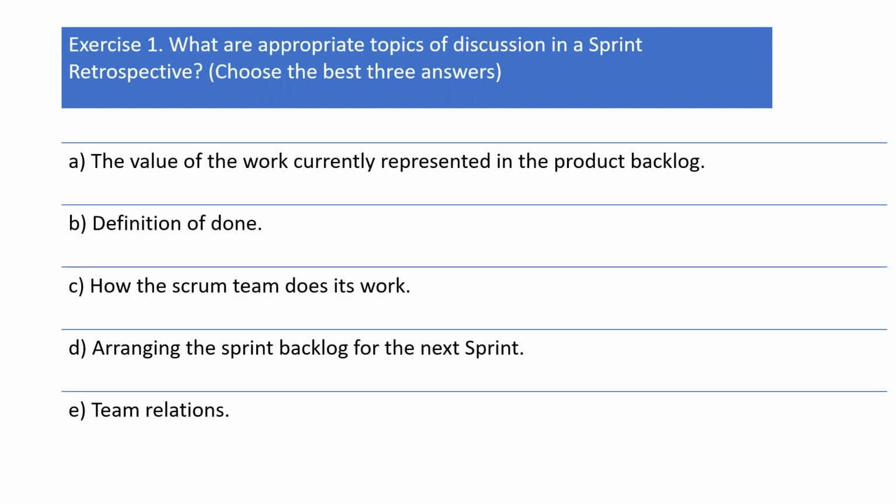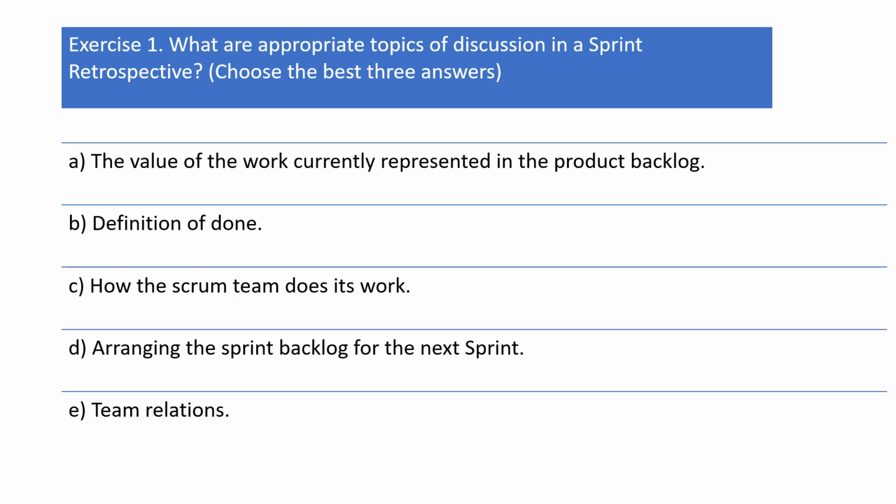There are 3 questions given for you to practice. Find out the answers and let us know in the comment box. Exercise 1. What are appropriate topics of discussion in a sprint retrospective? Choose the best 3 answers. Option A. The value of the work currently represented in the product backlog.